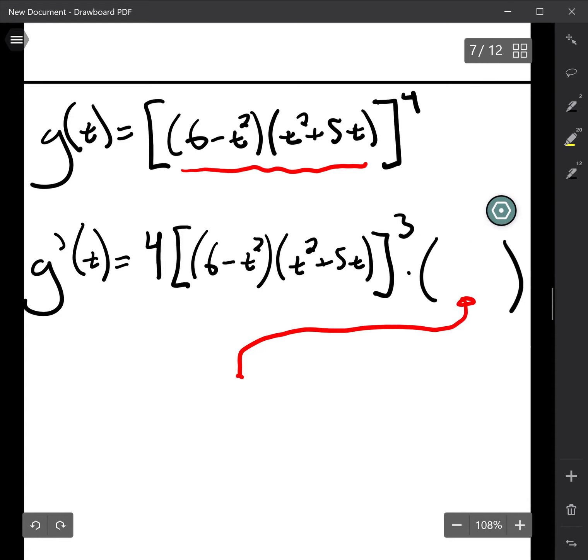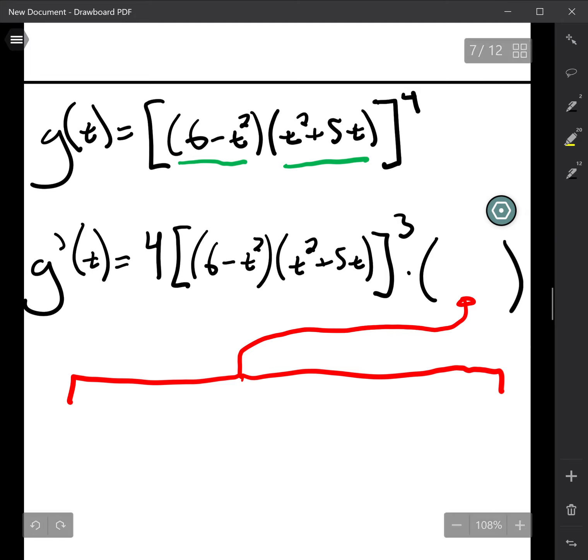Well, how do we do d in? Well, when I look at the inside, notice I have something multiplied by something. That's a product rule all day. So derivative of the outside, we do that. Then we do derivative of the inside. That calls for a product rule. So we do our product rule. First, 6 minus t squared times d second.